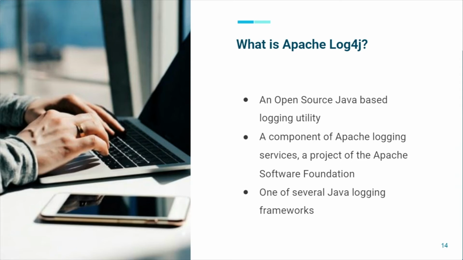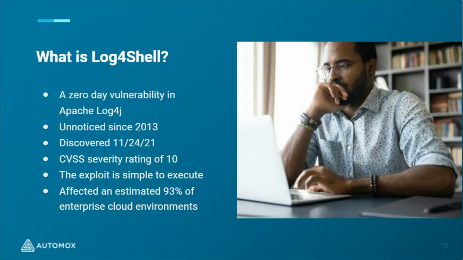So let's talk about what Log4Shell is and how it actually works. Log4Shell, identified as CVE-2021-44228, is a zero-day vulnerability in Log4j involving arbitrary code execution. It's pretty dangerous.